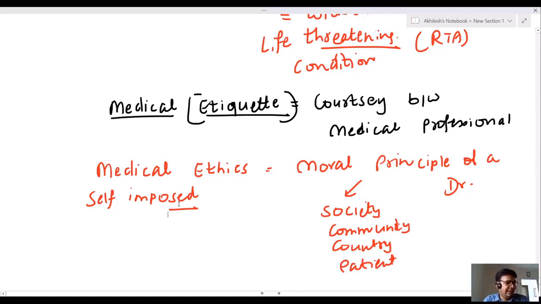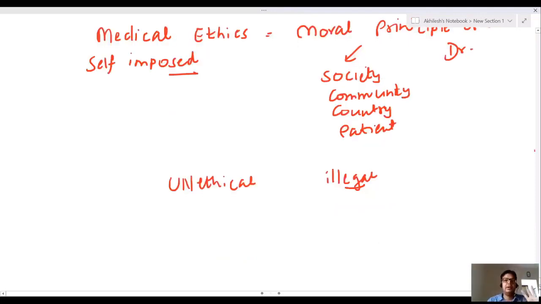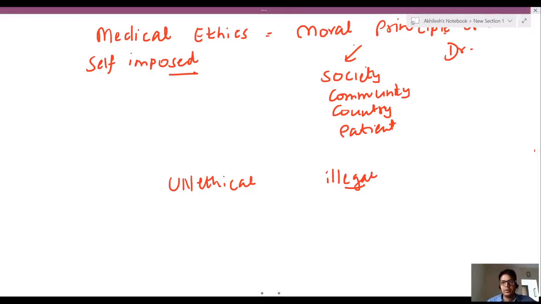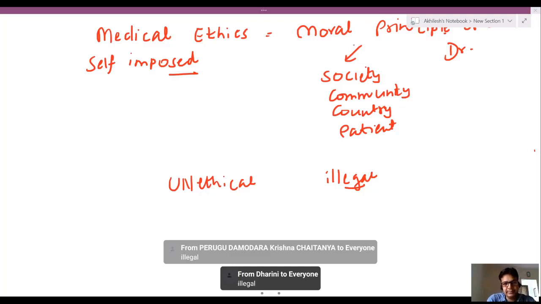Now, sir, I'm giving you two options. You have to pick one answer. Which is illegal, which is unethical? I'm writing two things: unethical, illegal. Now, my question for you. Wrong advertisement, meaning you are an MBBS doctor and you are writing an MD or DM degree in front of your name. Is wrong advertisement illegal or unethical?